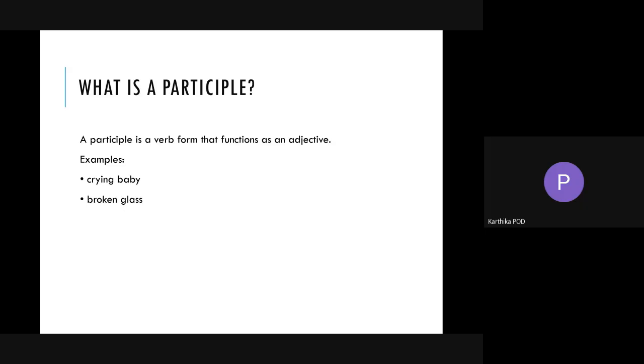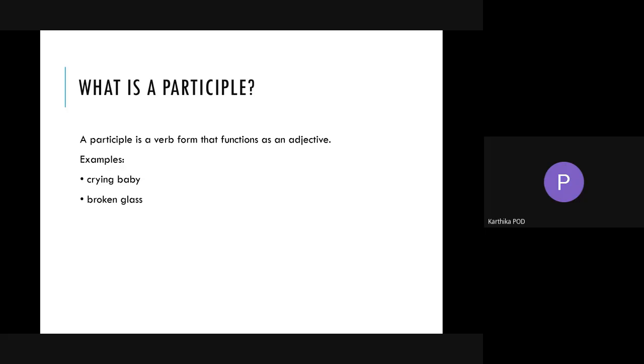Because crying baby here functions as an adjective. Though you may look at cry as an action word, and in the process think that cry could be a verb, and baby is a noun. Independently it could be true, just the words. But here, in the entire sentence, it functions as an adjective.